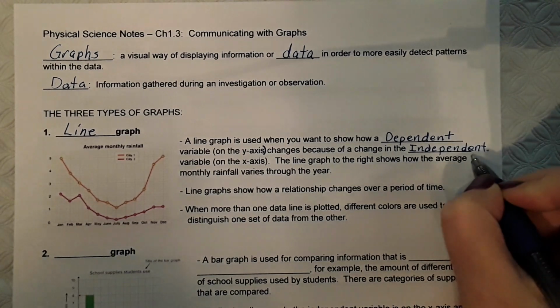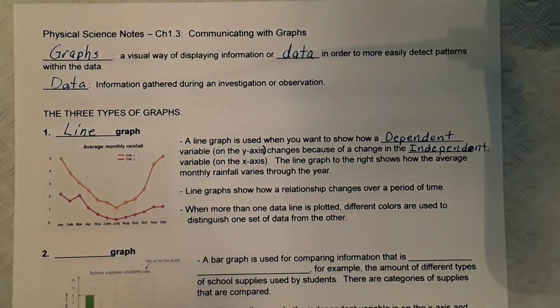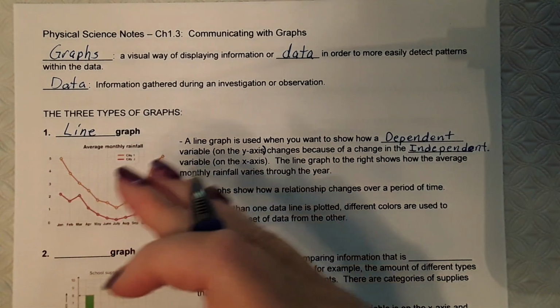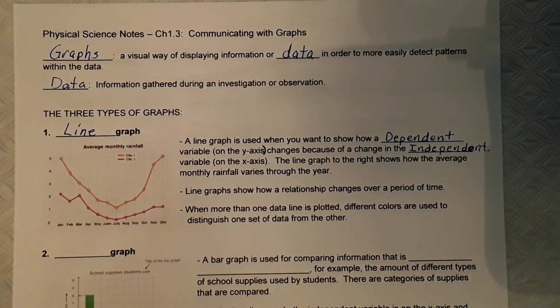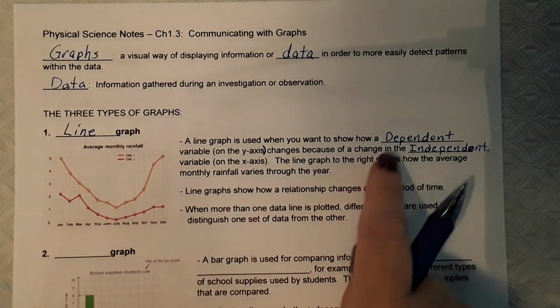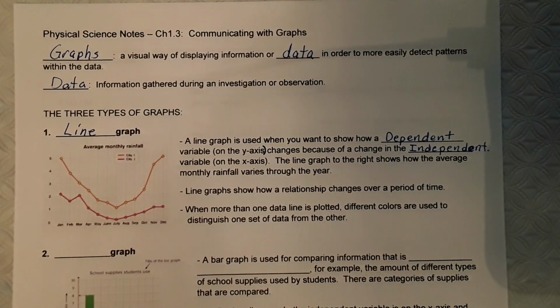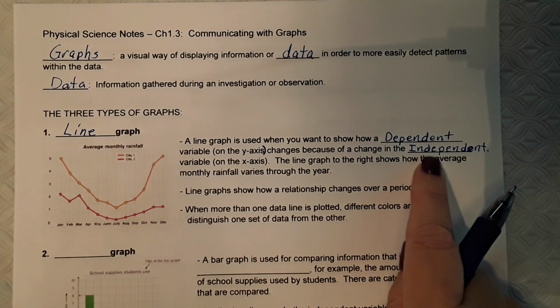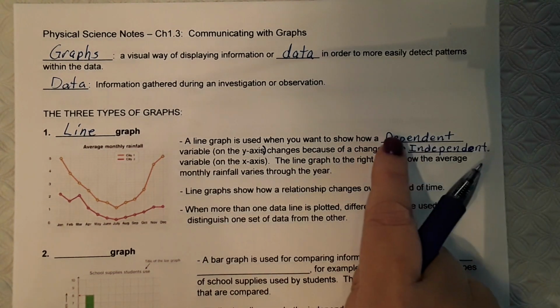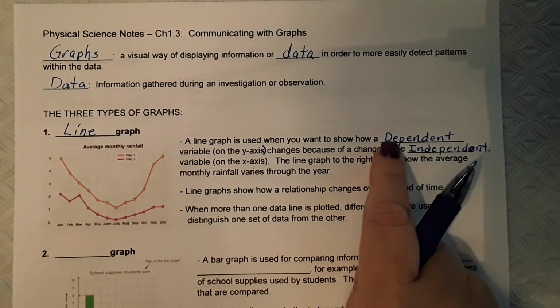Now, remember, the independent variable is the one that you choose certain values for. You decide, I want the independent variable to have values of 5, 10, 15, 20, 25, and we'll see how that affects the dependent variable. So the independent variable you choose values for, and then you measure how the dependent variable is affected by that.